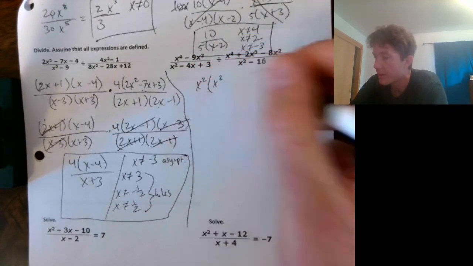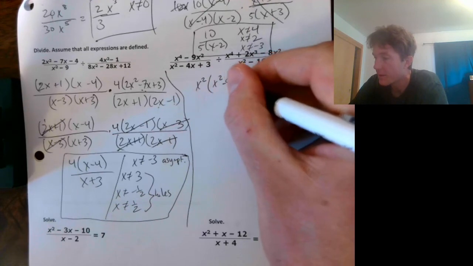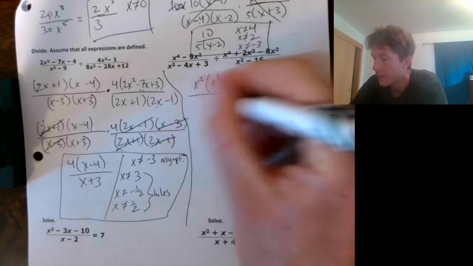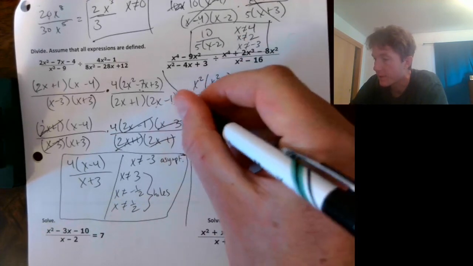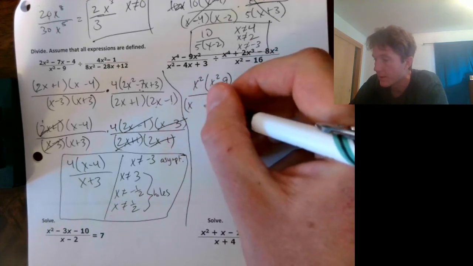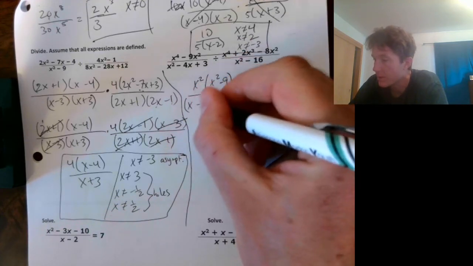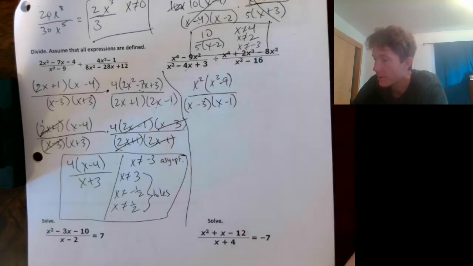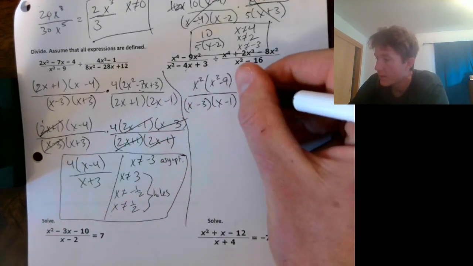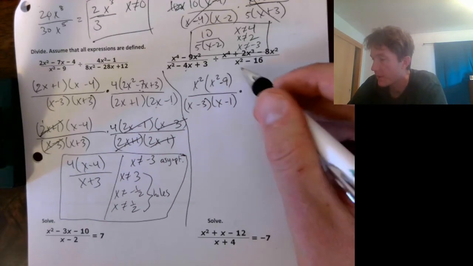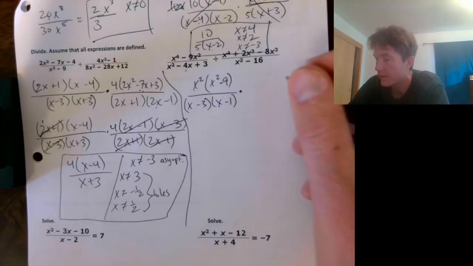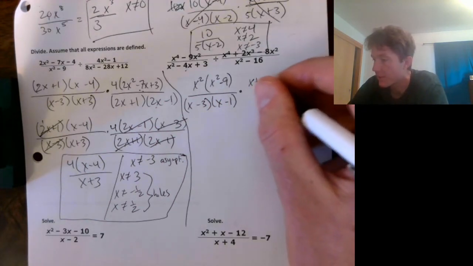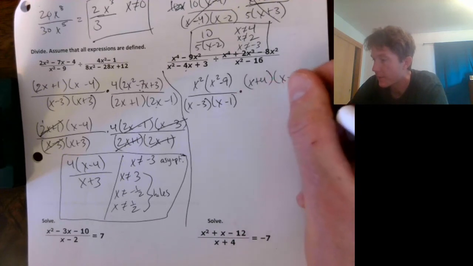So this gives me x squared minus 9 over, and I'll factor this bottom one. This will be x minus 3 times x minus 1. That gives me the -4x. Times, I'm going to flip this upside down, x squared minus 16 is a difference of 2 squares, so that'll be x plus 4 times x minus 4.